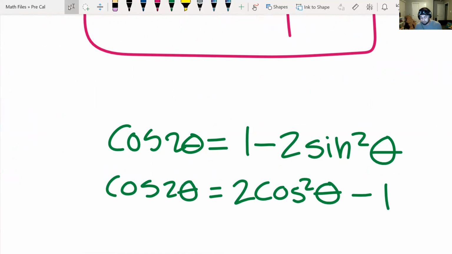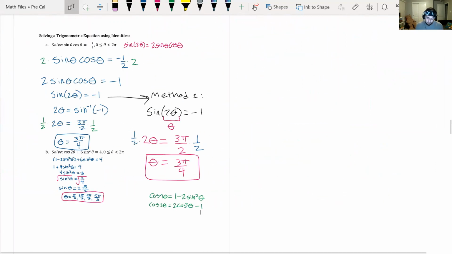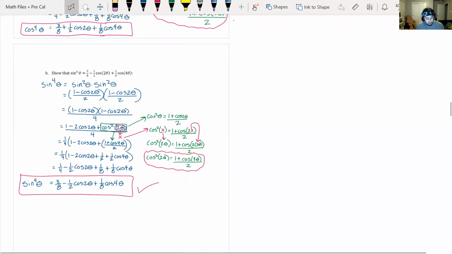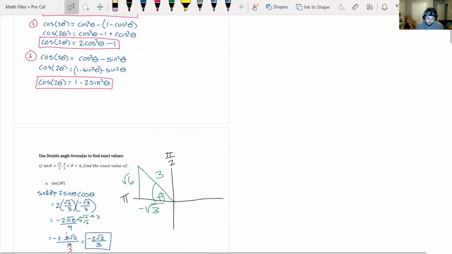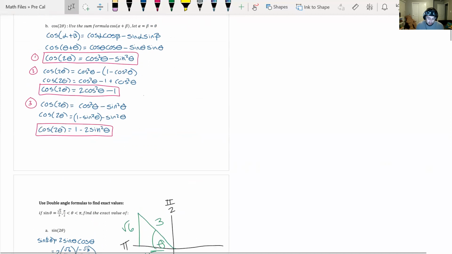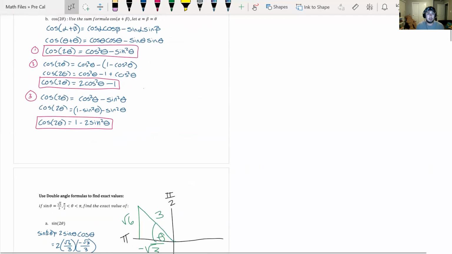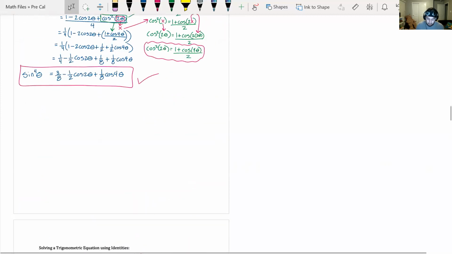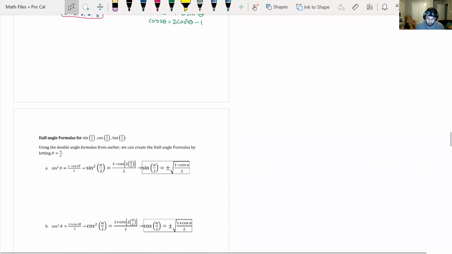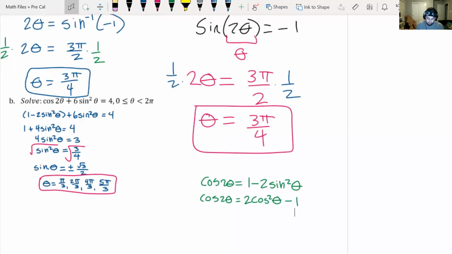Let me just double check that, because I have 20,000 formulas going through my head. Cosine 2 theta is 2 cosine squared minus 1, right there. 2 cosine squared minus 1.